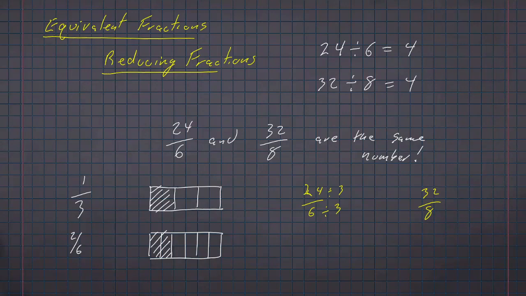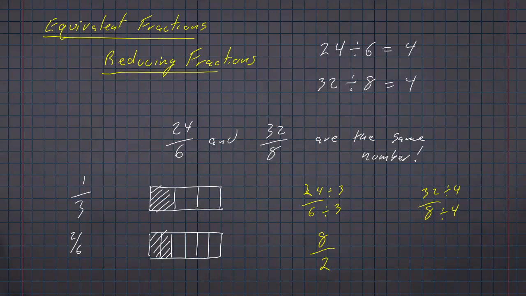what if I took the numerator and the denominator of this fraction and divided both by 3? Well, 24 divided by 3 is 8, and 6 divided by 3 is 2. In the fraction 32 over 8, what if I took the numerator and denominator and divided both by 4?